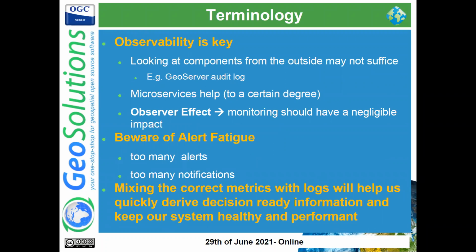It's important to have an eye on the system from the outside, looking at the system from the point of view of an external user, but also from the inside. So we also want some logs and information from the applications themselves as they are performing tasks.